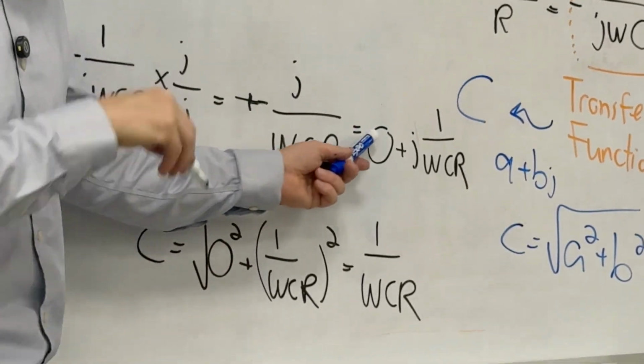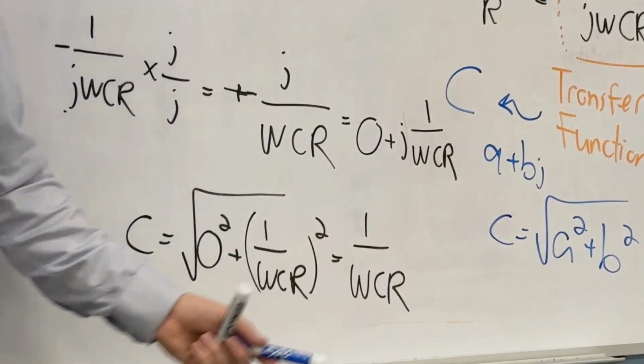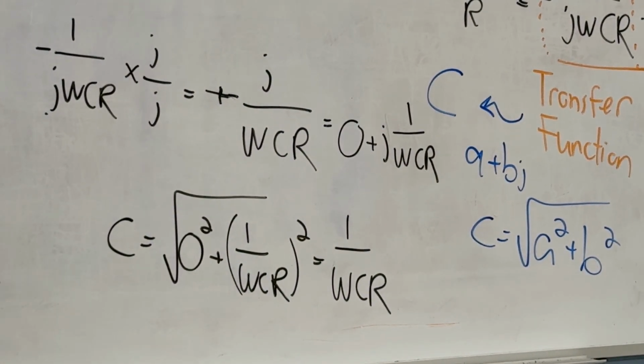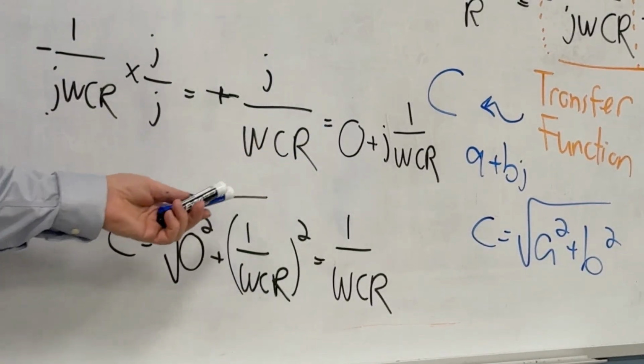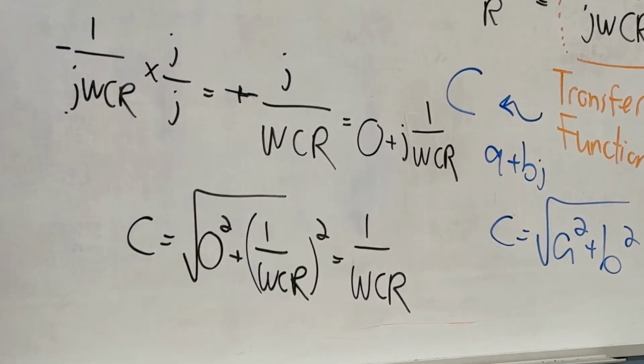Because you can just see that we're just going to get back what we started with. C is just equal to B in this case, and if this had been negative, this would have been positive anyways. That's why I wasn't worried about it.